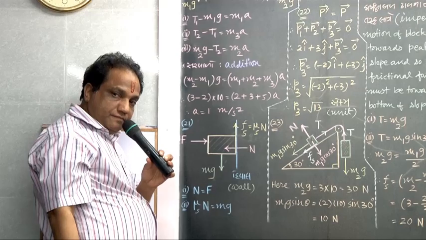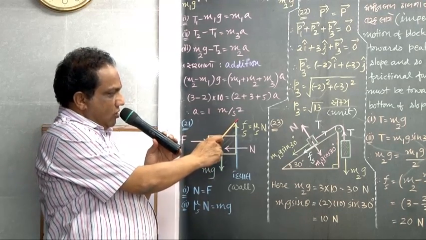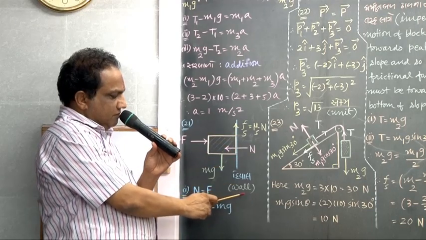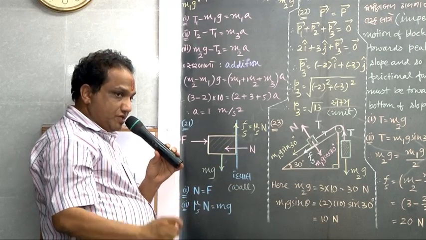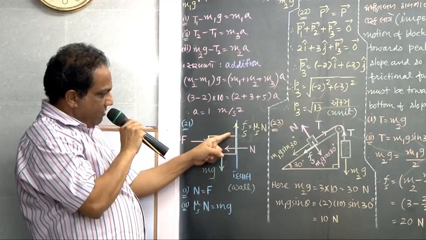Very good question. Here is wall. Means some rigid support. Wall is there. We have one block.